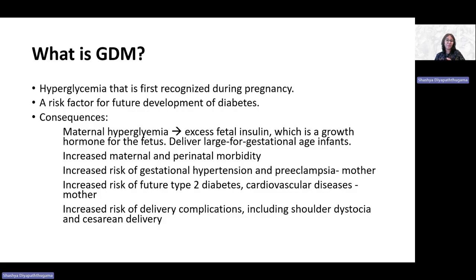So usually during pregnancy, the insulin resistance is high, and if the pancreas is not able to produce more insulin, then the hyperglycemia develops. So the maternal hyperglycemia, the high blood glucose in the maternal blood, is being transported to the fetus through the placenta, and that results in excess secretion of insulin in the fetus.